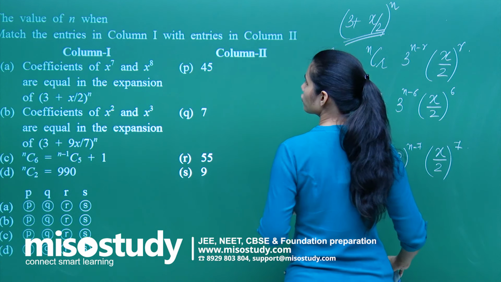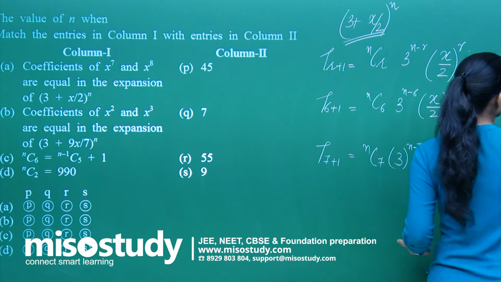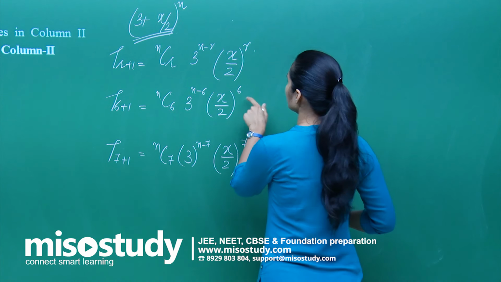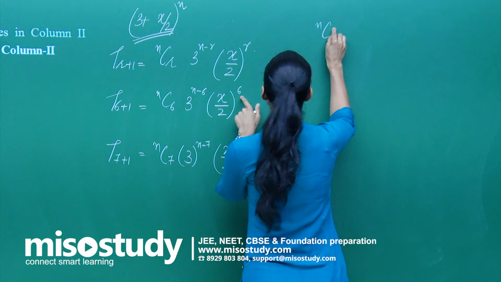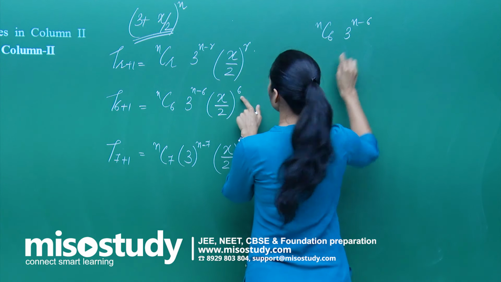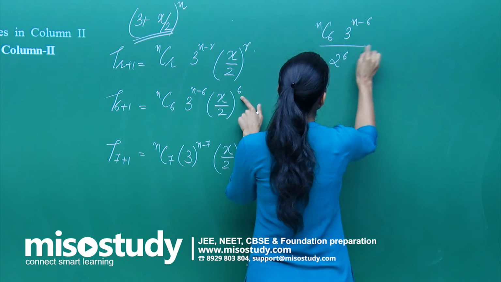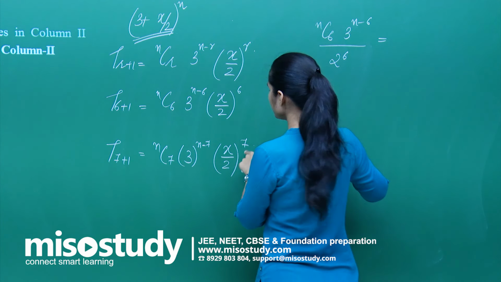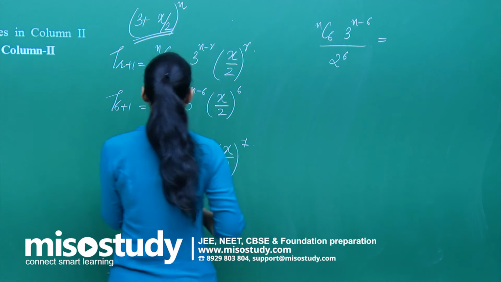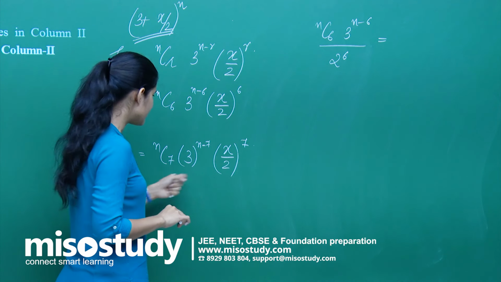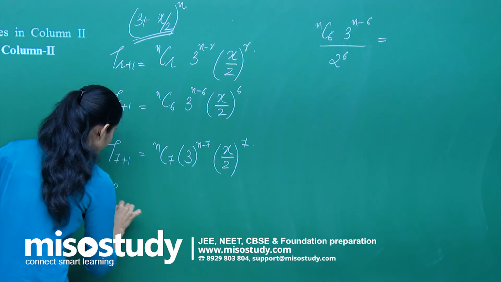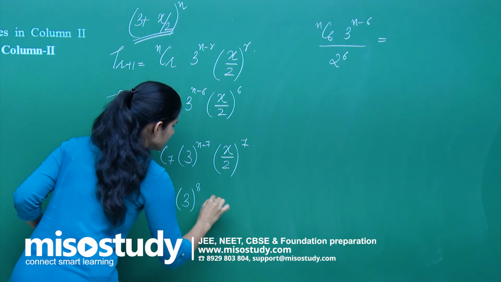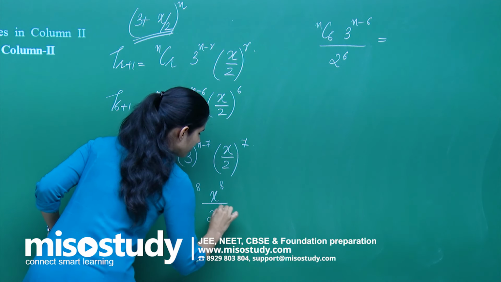Now, if I am saying that coefficients are equal, if the coefficients of x to the power 7 and x to the power 8 are equal, that means x to the power 7 has coefficient nC7 3^(n-7) upon 2^7, and coefficient of x to the power 8 will be nC8 3^(n-8) upon 2^8.